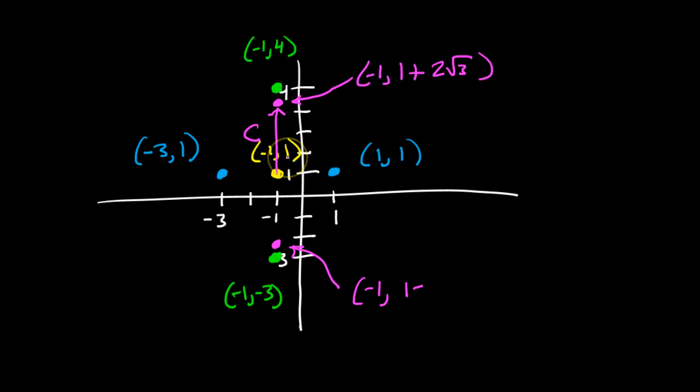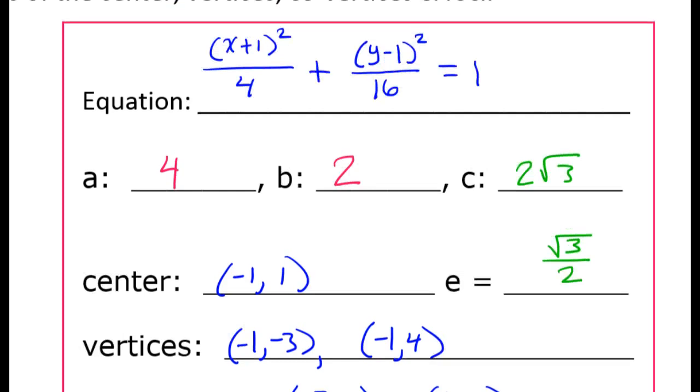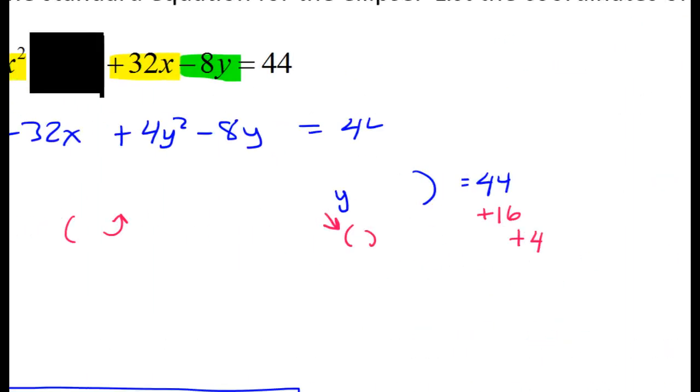We started from a y value of 1. We went up 2 radical 3. Similarly, the lower focus, we started at 1, and we went down 2 radical 3. So that's minus 2 radical 3. So these are the coordinates of the foci. So that's going to be it for problem number 14.